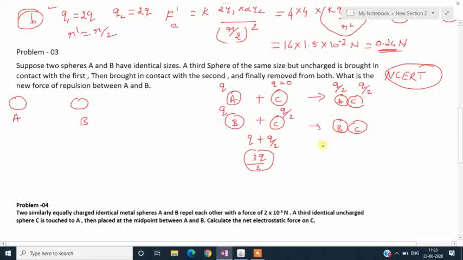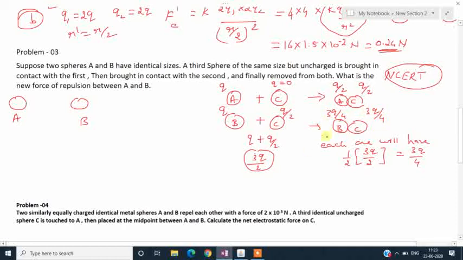That means each one will now have 1 by 2 of 3Q by 2, so that will become 3Q by 4. So B will have 3Q by 4 and C will also have 3Q by 4.